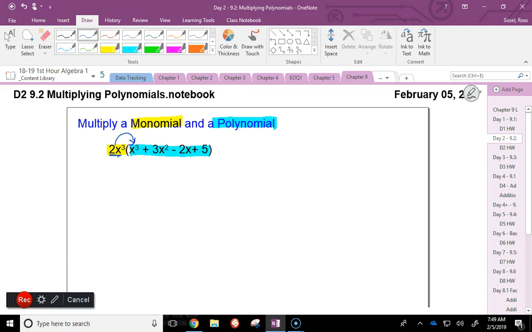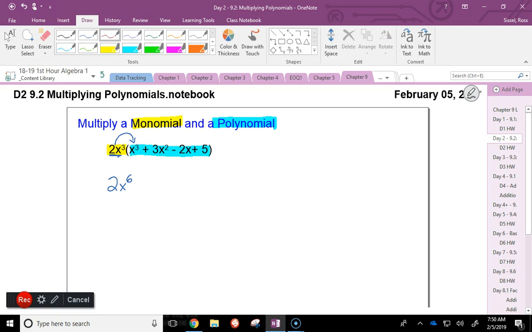So, we add them. So 2x cubed times x cubed is going to give me 2x to the 6th power. My coefficient there's nothing to times. And my variable, I had the exponents 3 and 3, and so we add them.